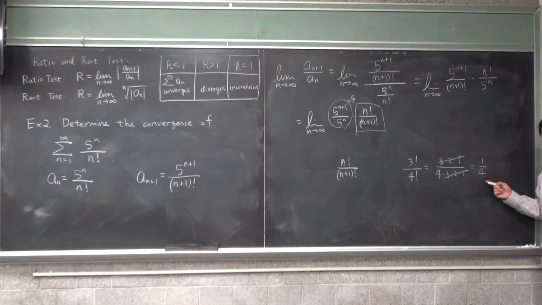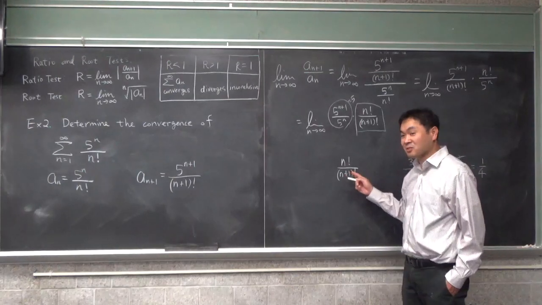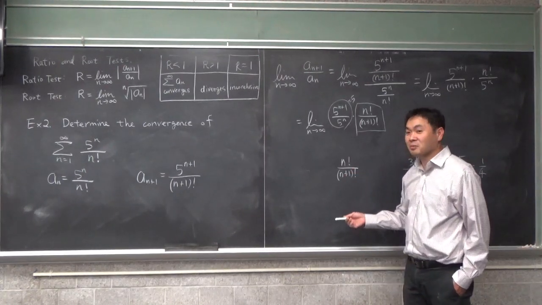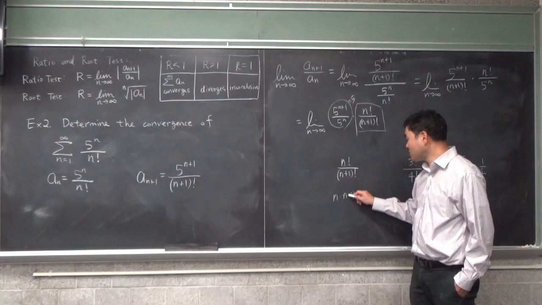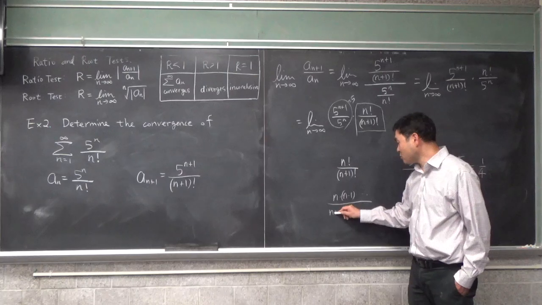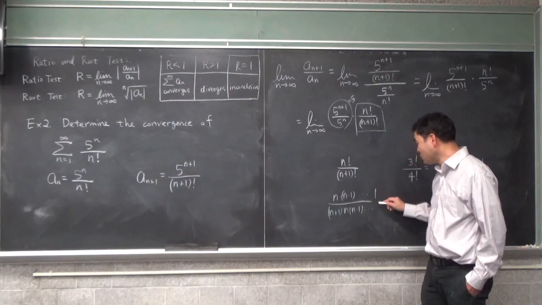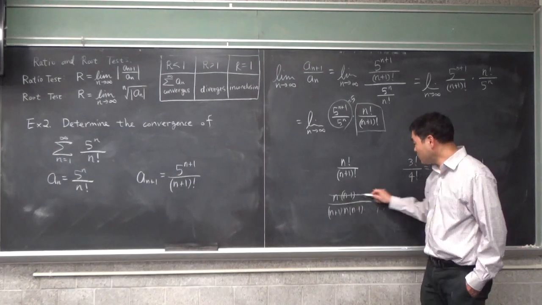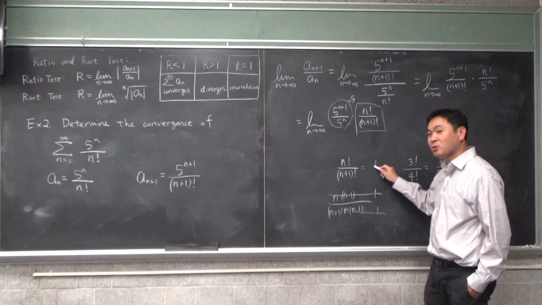Now once you do this example, then you see what should be done here. What is this? 1 over n plus 1. Because n factorial is like n times n minus 1 and so on, and n plus 1 factorial is like n plus 1 times n times n minus 1, so on, until it reaches 1. So this much and this much will cancel out, leaving you with 1 over n plus 1.